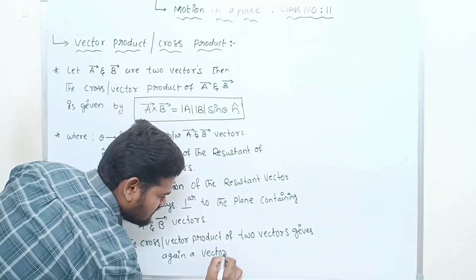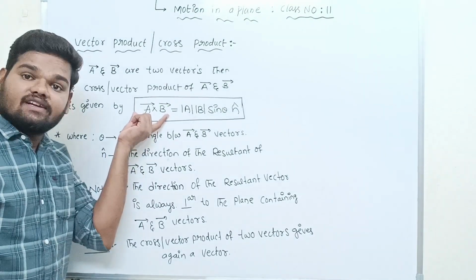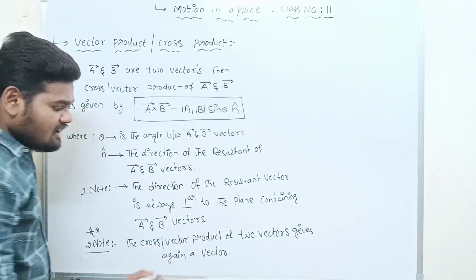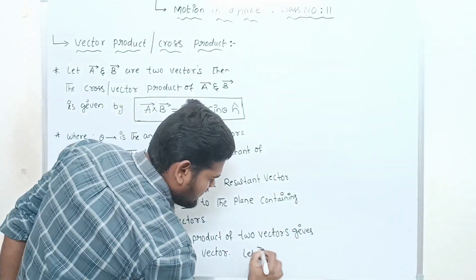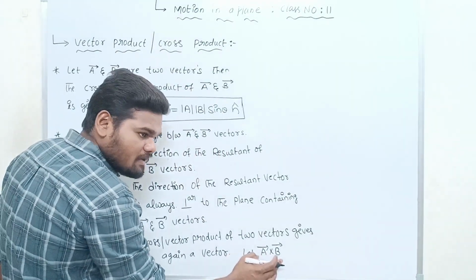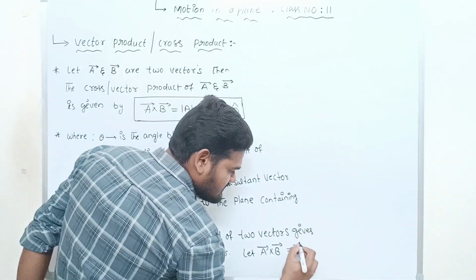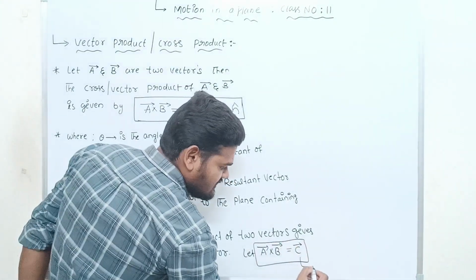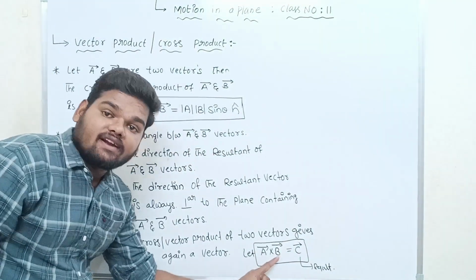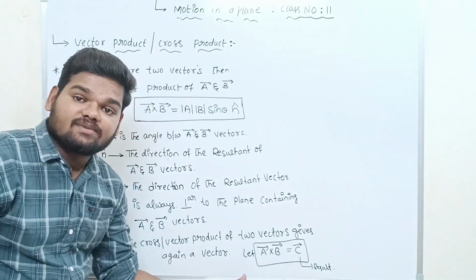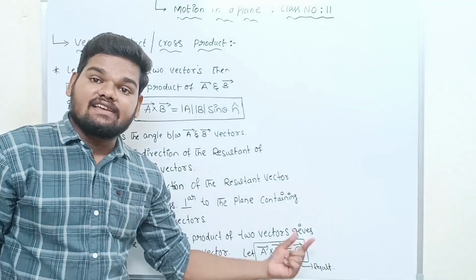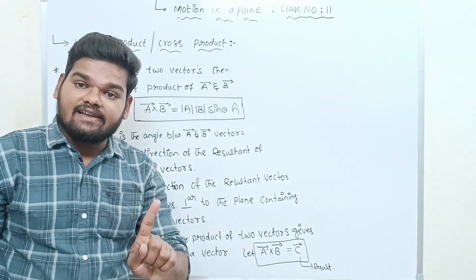So whenever you do the cross product of two vectors, the resultant is again in the form of a vector. Let a bar cross b bar be equal to c bar, where c bar is the resultant vector of a bar and b bar vectors. So the cross product of two vectors gives again a vector. Is it clear? Any doubts?